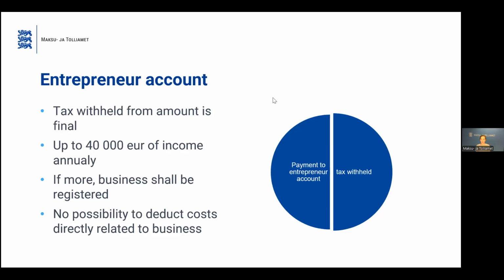Then it is possible for you to open an entrepreneur account in some banks in Estonia. And in case of payment made to that bank account, the tax is withheld from the amount by the bank automatically upon payment, and the recipient does not have to bother about the declaration of taxes.